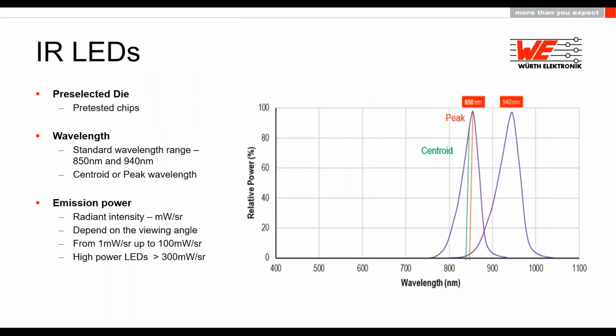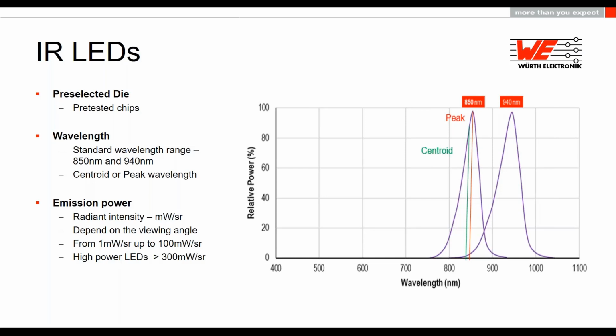First of all, the infrared LED or the pre-selected chip or die. We use in our production two different wavelengths of 850 and 940 nanometer dies for the two main emitting wavelengths of infrared.